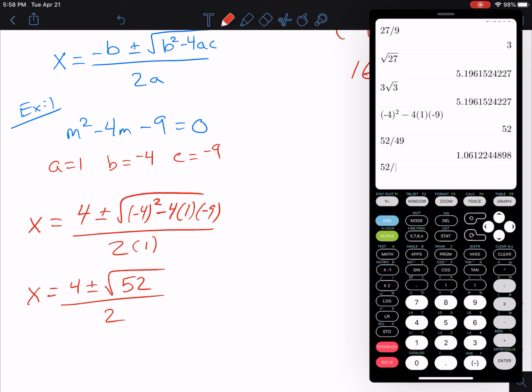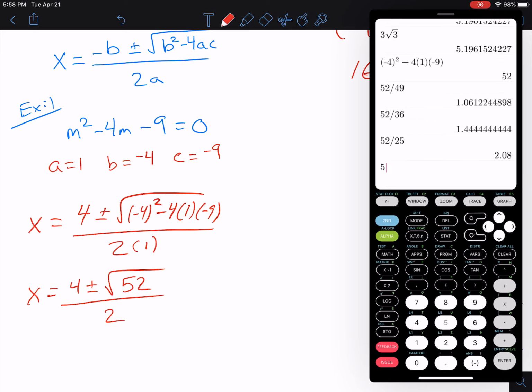So then we'll do 52 divided by 36. That doesn't work. 52 divided by 25. That does not work. 52 divided by 16. That does not work. 52 divided by 9. That does not work. 52 divided by 4. That works. So we're going to be using 4 and 13.